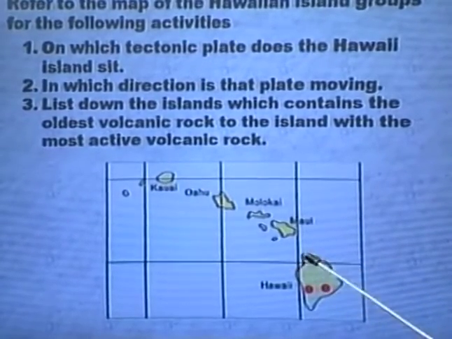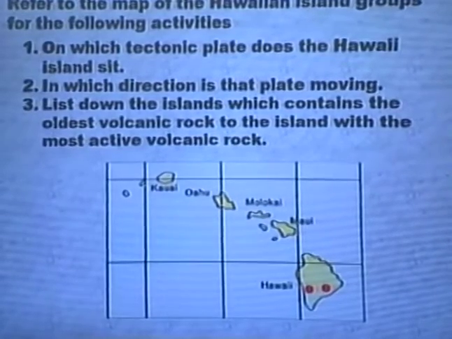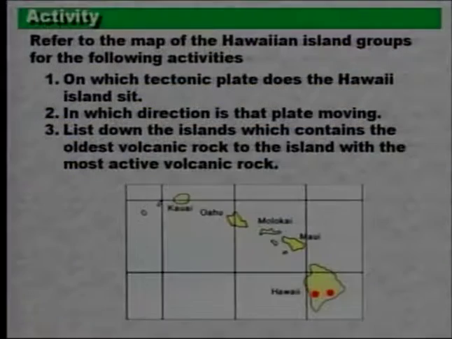What I'd like you to do now is, using this map and your map on plate tectonics, answer the following questions. Number one, on which tectonic plate do the Hawaiian Islands sit? Number two, in which direction is that plate moving? And number three, refer to the country of Hawaii and make a list of the islands, from those which will contain the oldest volcanic rock to those which will contain the most active or latest volcanic rocks.